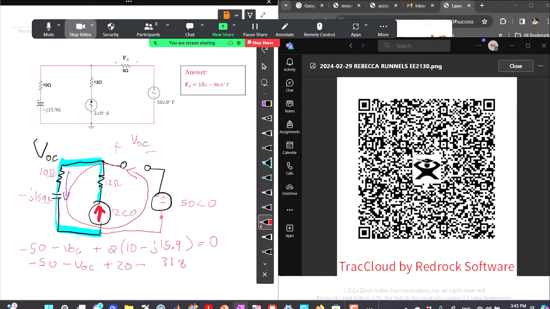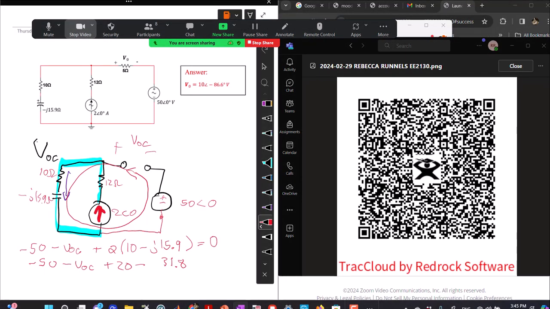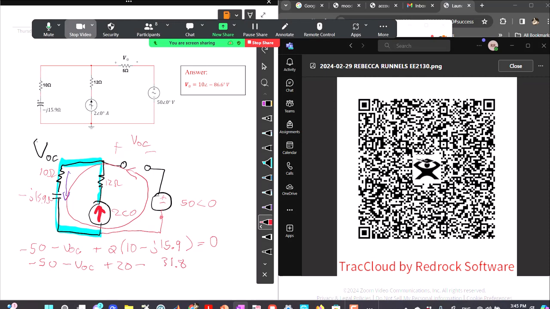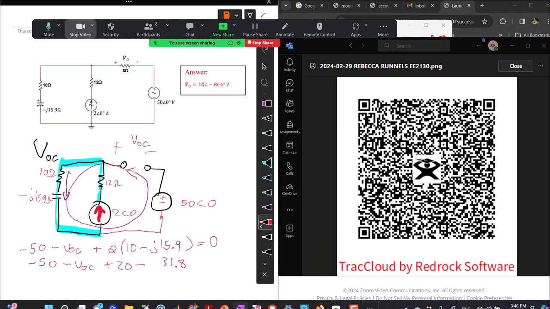What do we do with the 12 ohms? Well, since KVL says you can do any loop, I'm just doing the outside loop. KVL says you can do the outside loop or the inside loop or the other inside loop. So I chose just to do the outside loop, which does not include the 12 ohms or the current source.